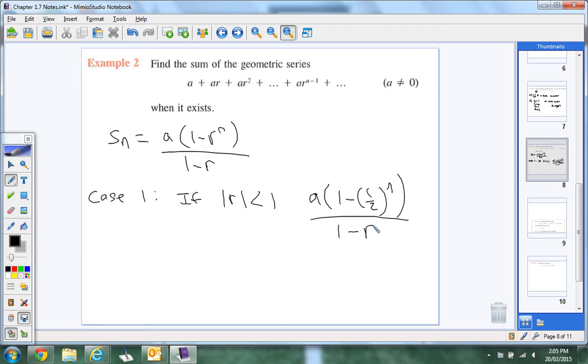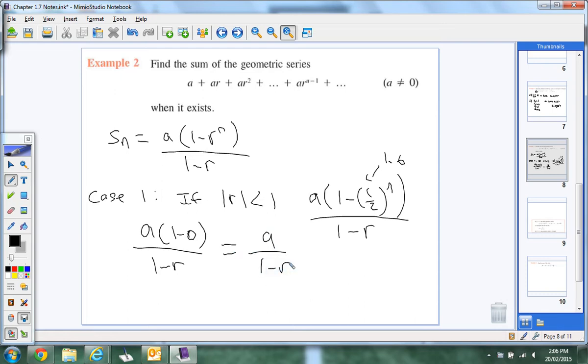It keeps getting smaller and smaller, so when we take the limit of it, it ends up being 0. Then that would be a times 1 minus 0, all over 1 minus r, and 1 minus 0 is just 1. So you might remember this as a over 1 minus r.